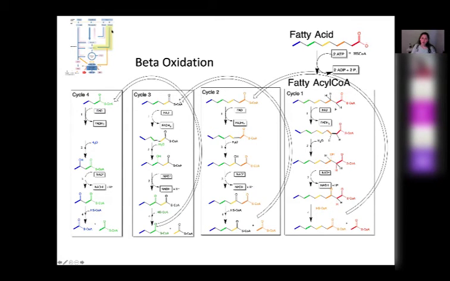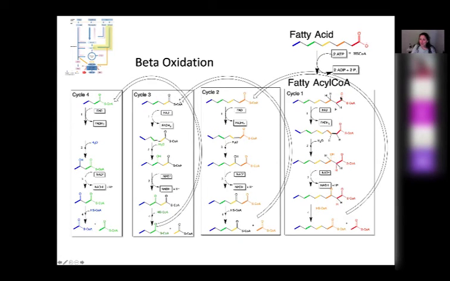Fatty acids are used for fuel through beta oxidation. We talked about this just late last week, where you take a fatty acid, you invest 2 ATP to convert it to a coenzyme A. So there's the S-CoA molecule, or the coenzyme A, attached now to your fatty acid.